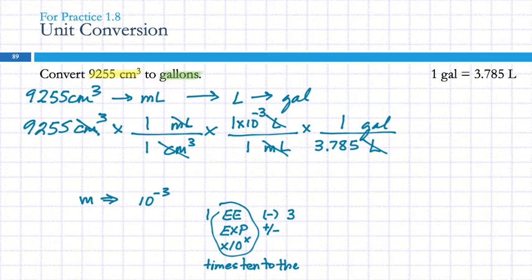So let's see if we can all come up with the same answer here. So we've got 9255 times 1 divided by 1 times 1 EE -3 divided by 3.785 equals. How many sig figs? 4.